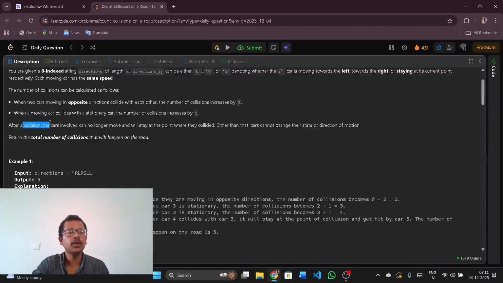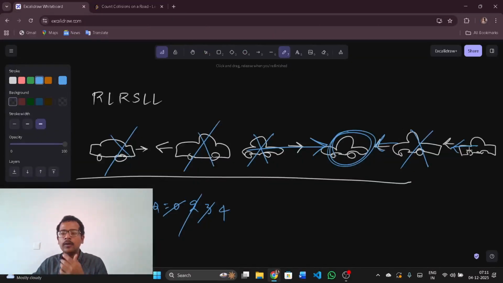After a collision, the cars involved can no longer move and will stay at the point where they collided. Other than that, the cars cannot change their state or direction of motion. Now, this is also moving in the left direction and collided with this car, so it will increment by 1. So the answer is 5. We will be returning 5.